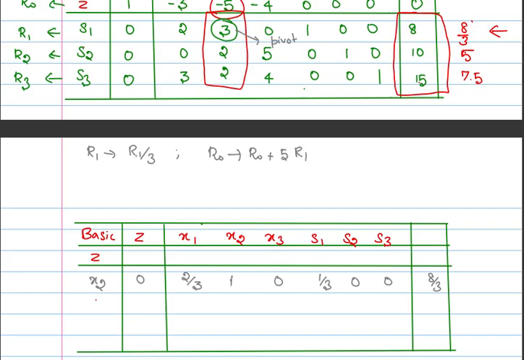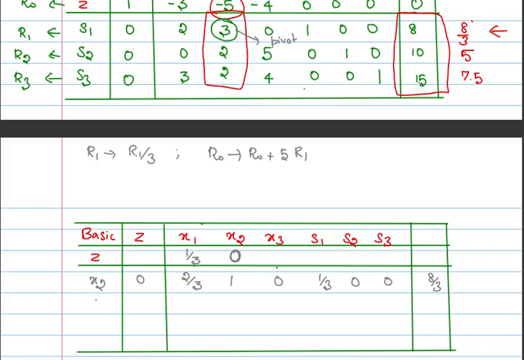Then 5 minus 5 plus 5... here it becomes 0. Here, minus 3 plus 10 by 3 gives 1 by 3.